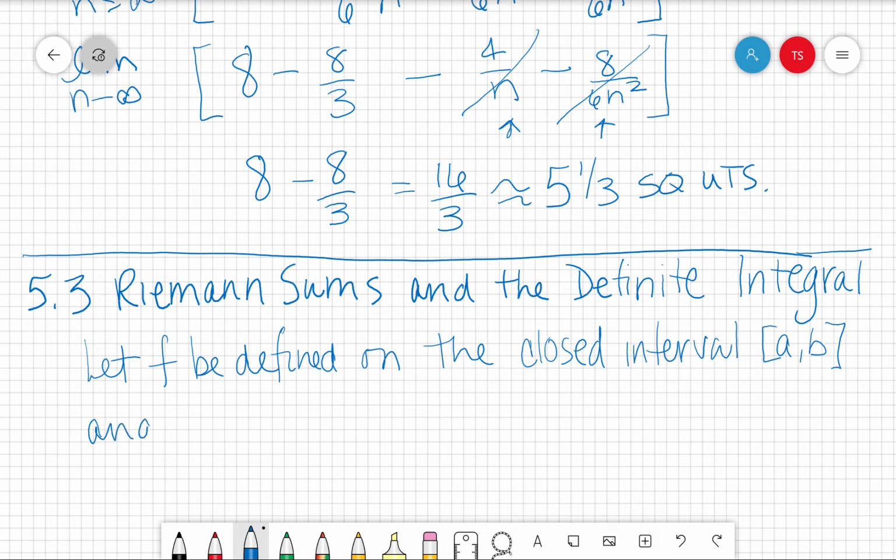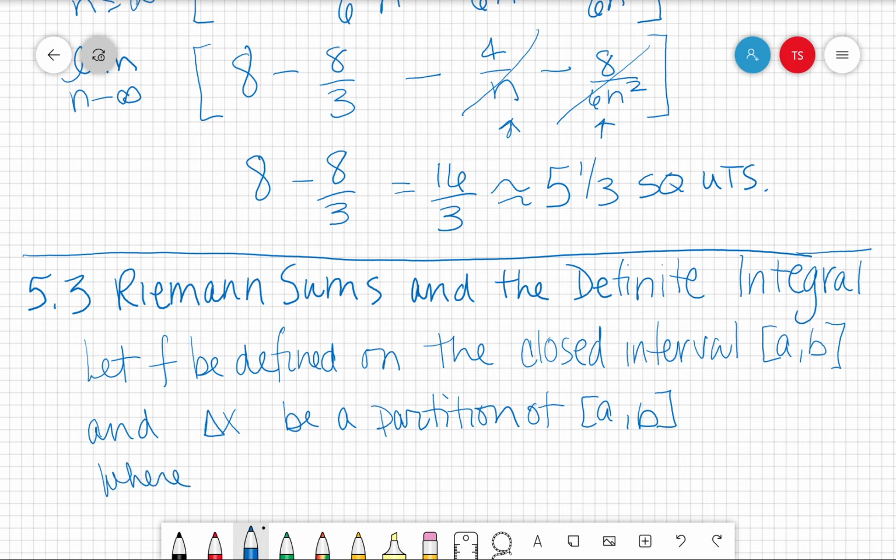And let change of x be a partition of that interval [a, b], where change in x is the width of the kth subinterval, I should say.